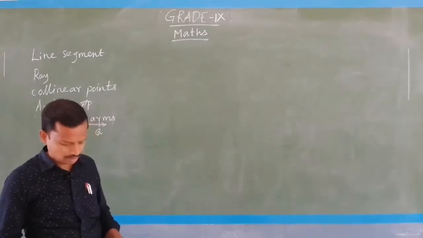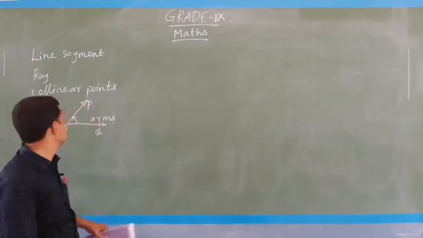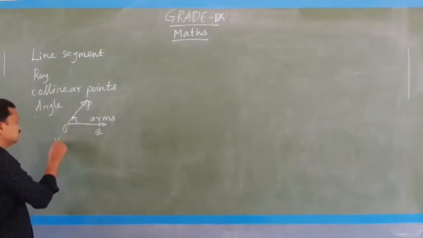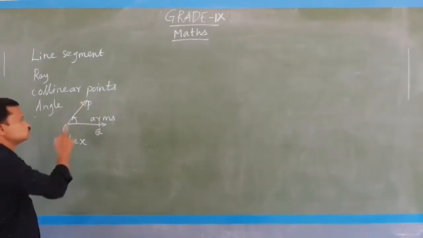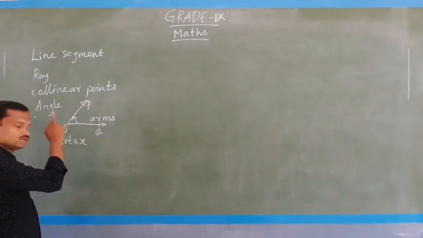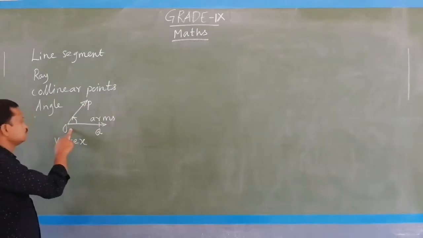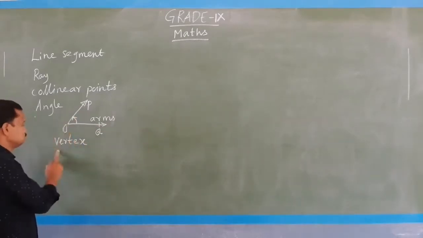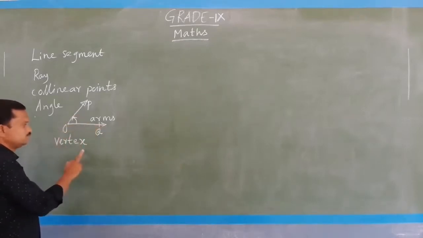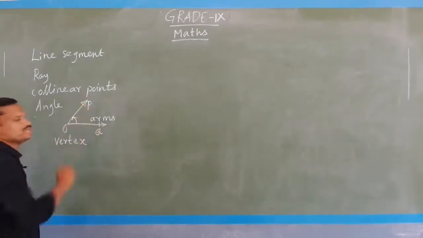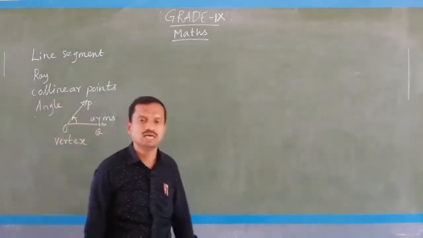And the end point is called the vertex of the angle. This end point O is called the vertex of the angle. This O is the end point of these two rays, the common end point. So that is called the vertex. In this angle, O is called the vertex and OQ, OP are called arms of the angle.